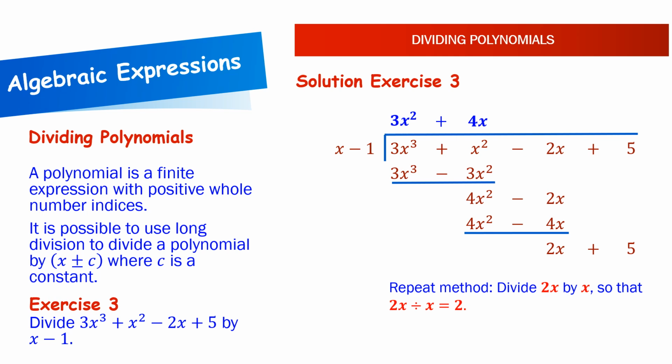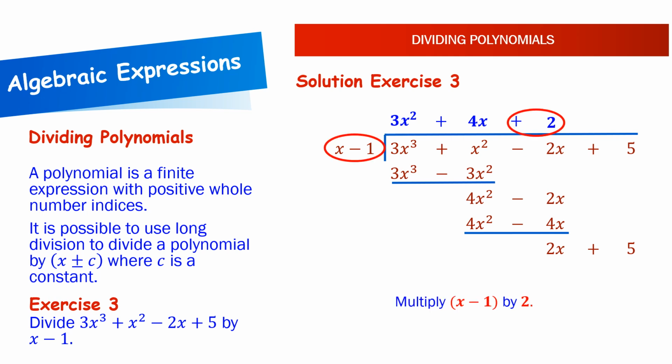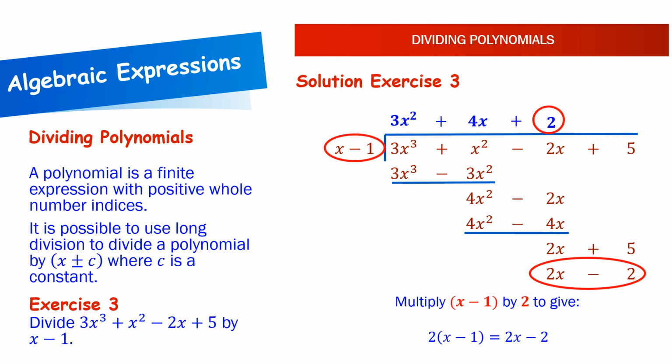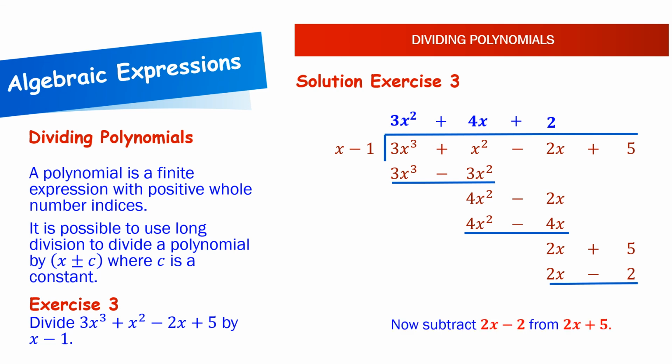Divide 2x by x to give 2 and position it here, and then multiply by x minus 1, to give 2x minus 2. And now subtract to give 7, and so we have a remainder 7.